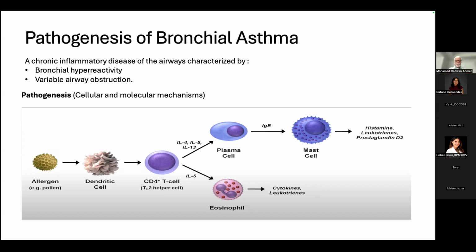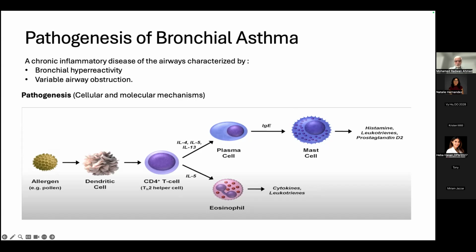And in the meantime, interleukin 5 stimulates or induces the eosinophils, the allergic cells, and they also produce cytokines and leukotrienes. All of those products, histamine, leukotrienes, prostaglandins, other cytokines, are pro-inflammatory and pro-allergic.